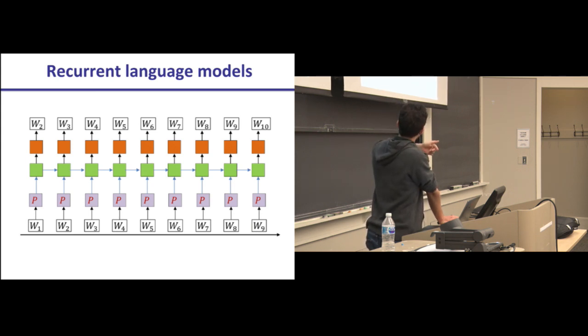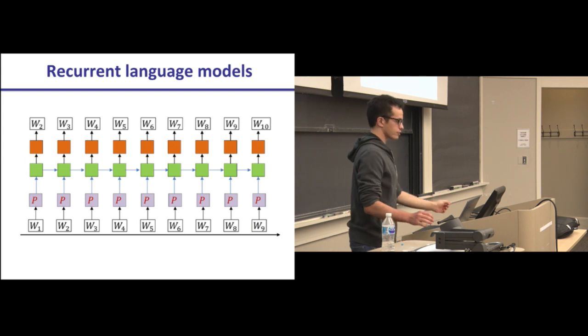So you project them to a vector, an embedding vector that represents them. You feed these vectors to the RNN, and to the output you apply another linear layer, and you get scores on your whole vocabulary, and you use these scores to do cross entropy to predict the output words.